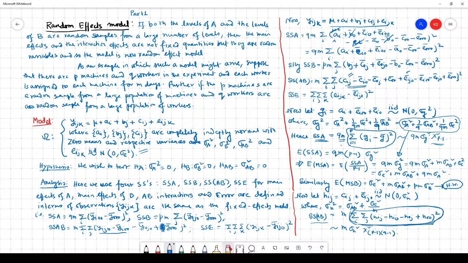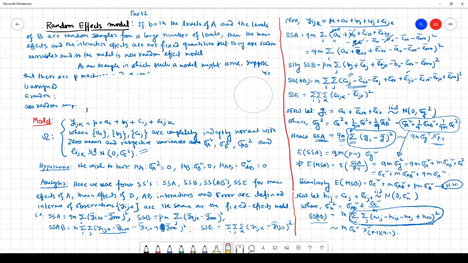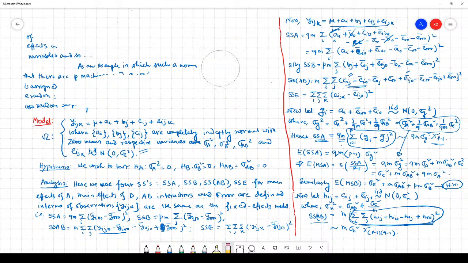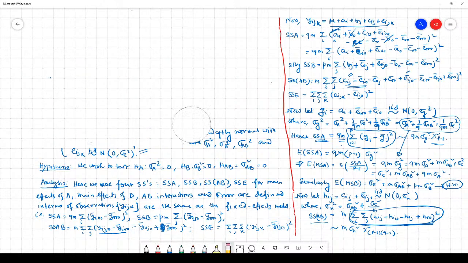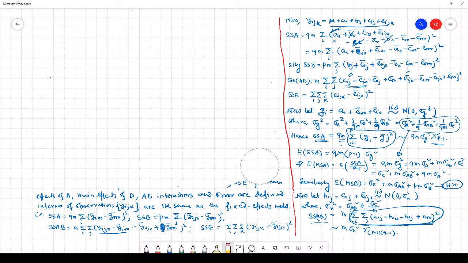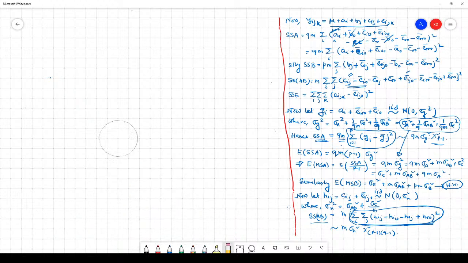So therefore the expectation of SSAB is equal to m sigma H square times the expectation of chi square with p minus 1, q minus 1 degrees of freedom.